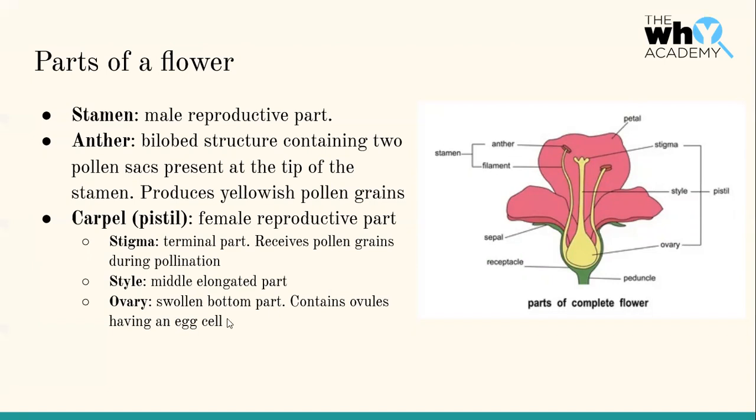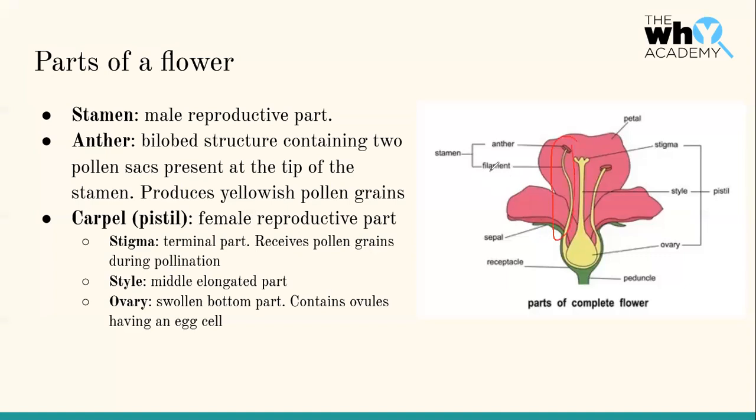Okay, parts of a flower. These are the basic parts of the flower which you need to be aware of. Stamen is the male reproductive part. This part is the stamen.